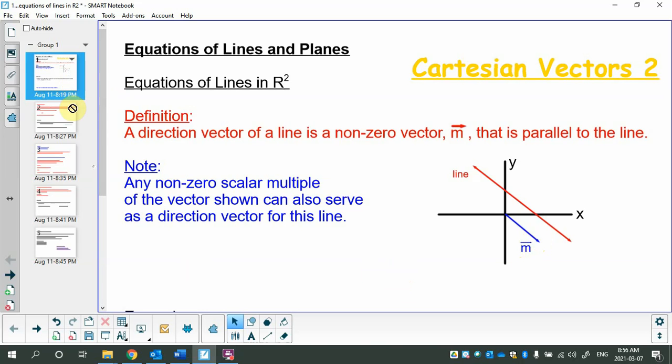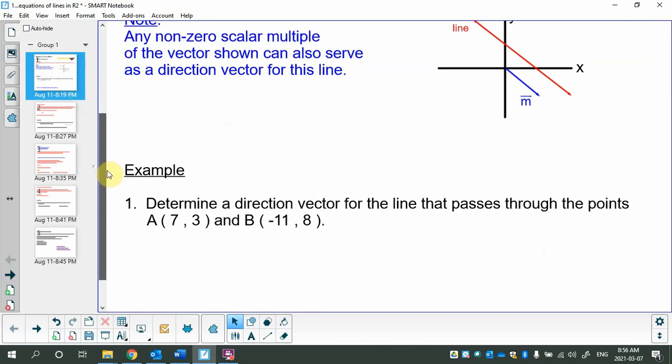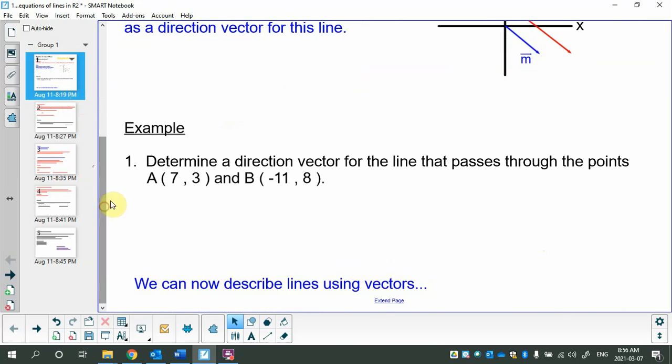All right, so let's look at some stuff. First example says, determine a direction vector for the line that passes through the points A, 7, 3, B, -11, 8. So we're looking for the m. And that m could be AB.